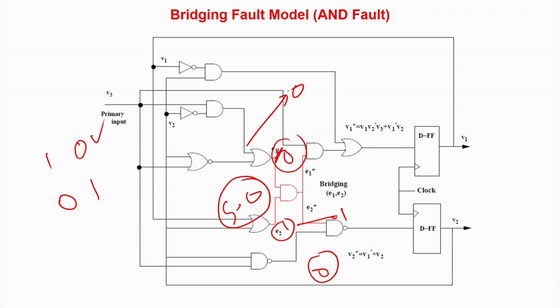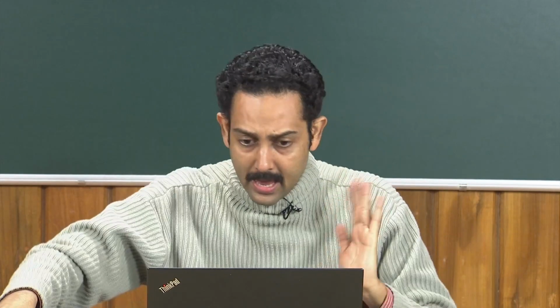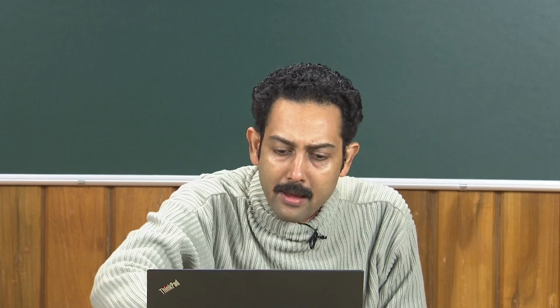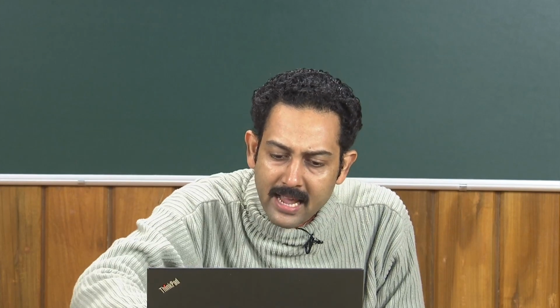So basically, bridging fault testing is nothing but a simple Stuckat fault test only, but with a slightly different problem, that some other lines in the context should be having a different value which should be set and reset. For example, let me just assume that we are not going for any kind of a bridging fault test. I am just assuming that this line I am going to test for a Stuckat 0.